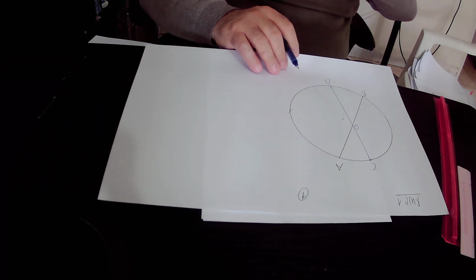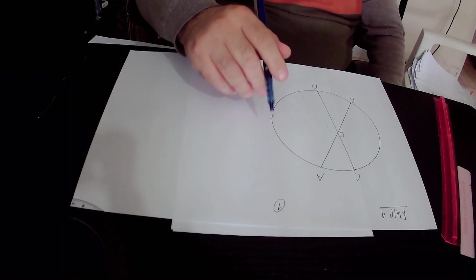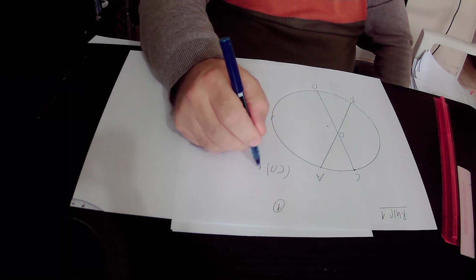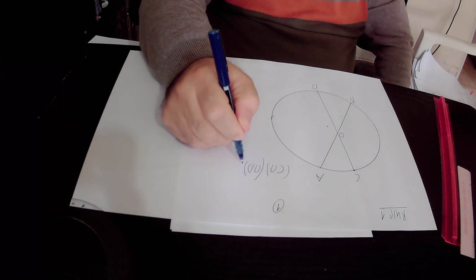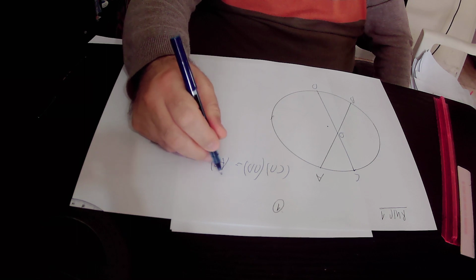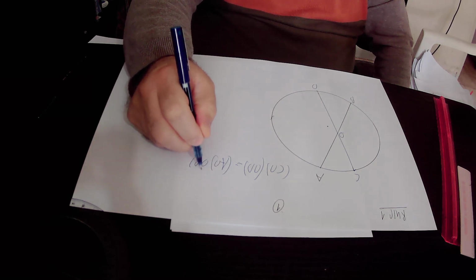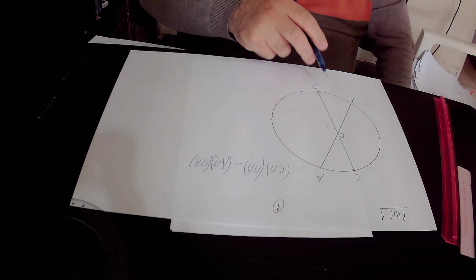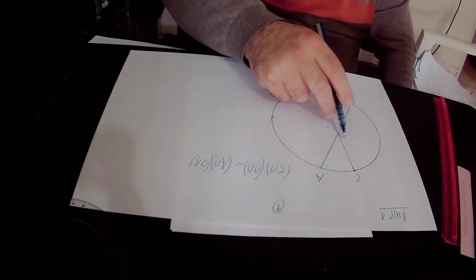Then according to rule number 1, the following equation is true: CO times OD equals AO times OB. I'll repeat again. If chord AB intersects with chord CD at point O, then AO times OB equals CO times OD.